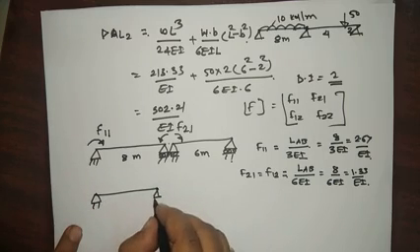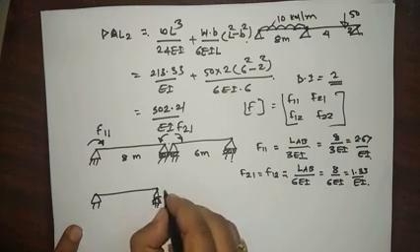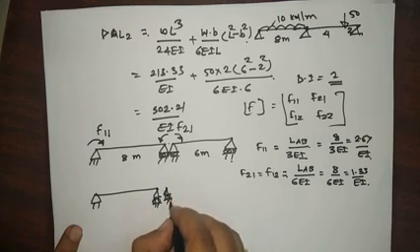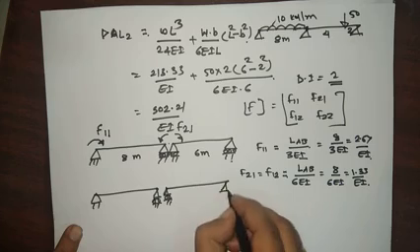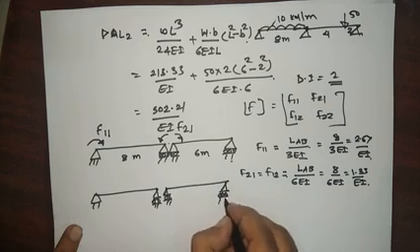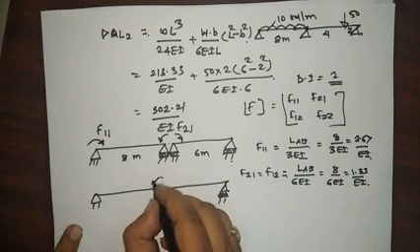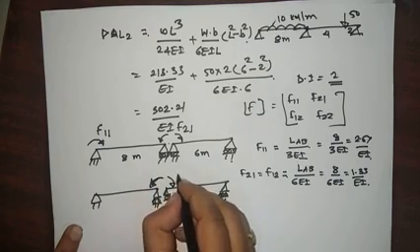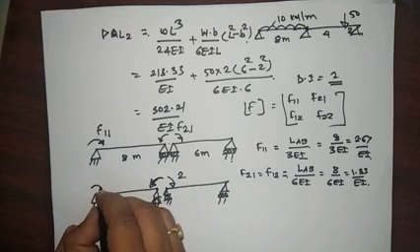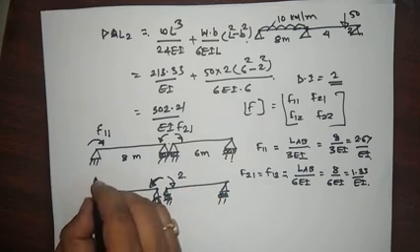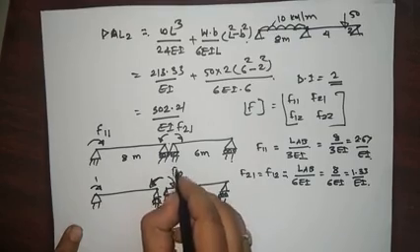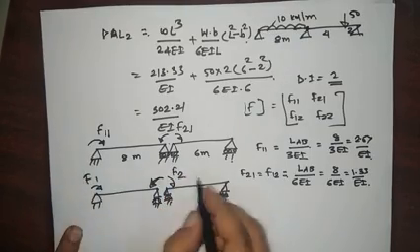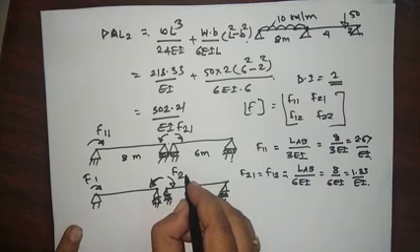Now our aim is to find the next term. This is again we should draw separately here. This is 2, and this is 1. Now this is F2, this is F1. Now we are applying the unit rotation at 2.